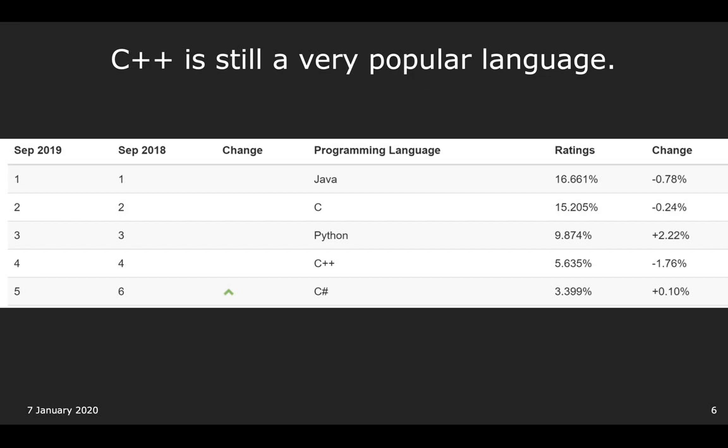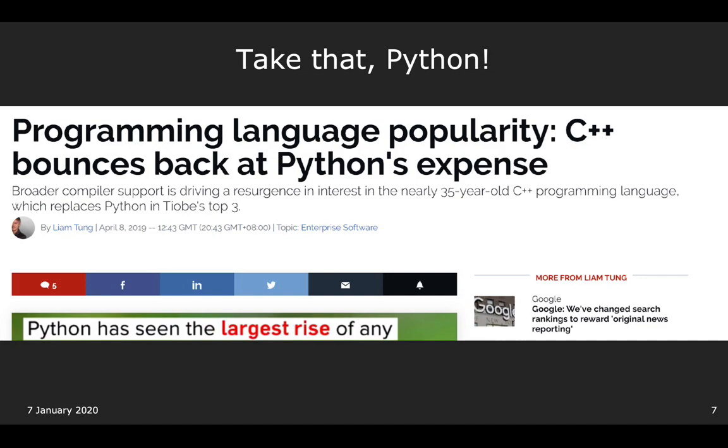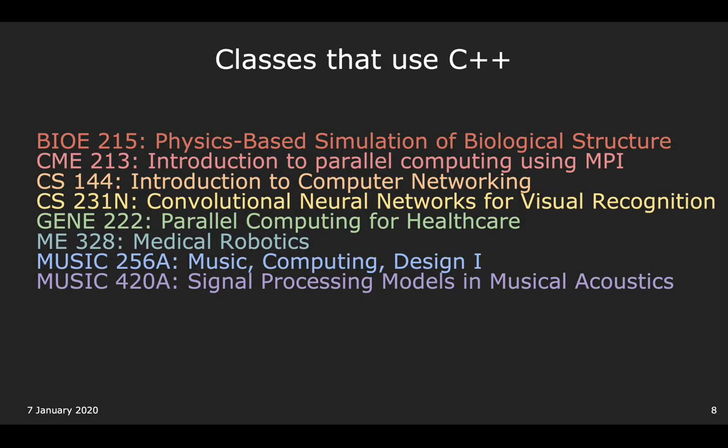Because of that, C++ is still growing in popularity. There's no war between C++ and Python, we swear. It's just an internal one. Although I did go to CS41, the Python class, yesterday to try to poach students. Didn't quite work.